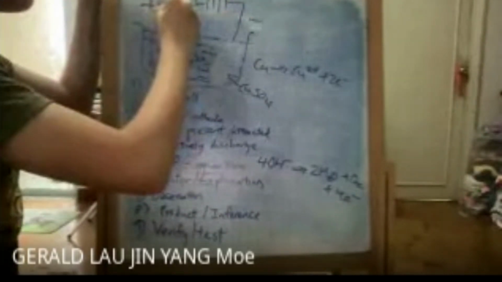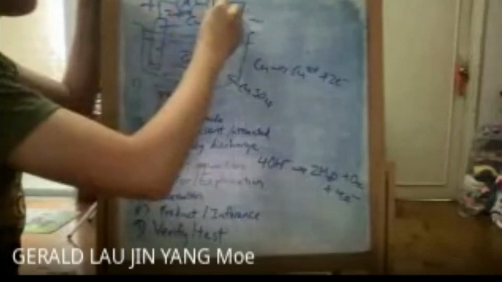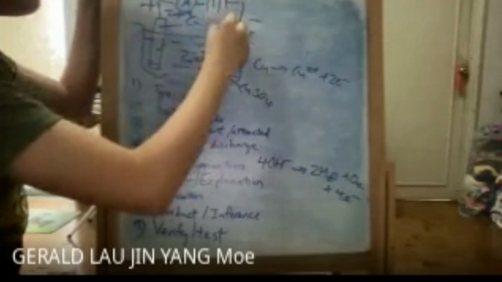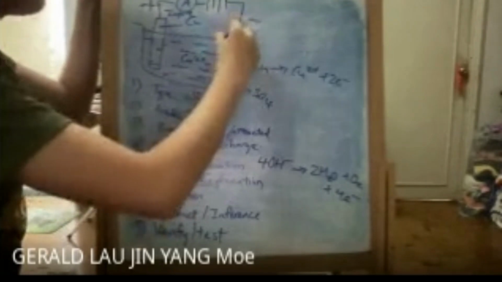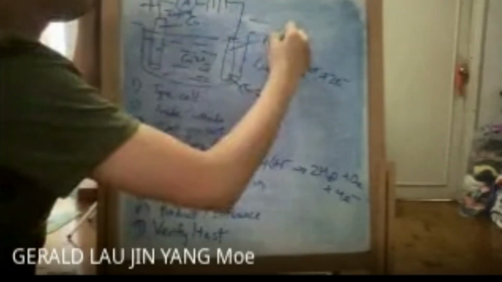Now, purification is the same thing. It's basically here, positive, negative. Okay, so here you will have impure copper. And then here you will have your pure copper. What happens? Like I said just now for electroplating, because of this electrolysis, the type of electrode factor affects the anode.